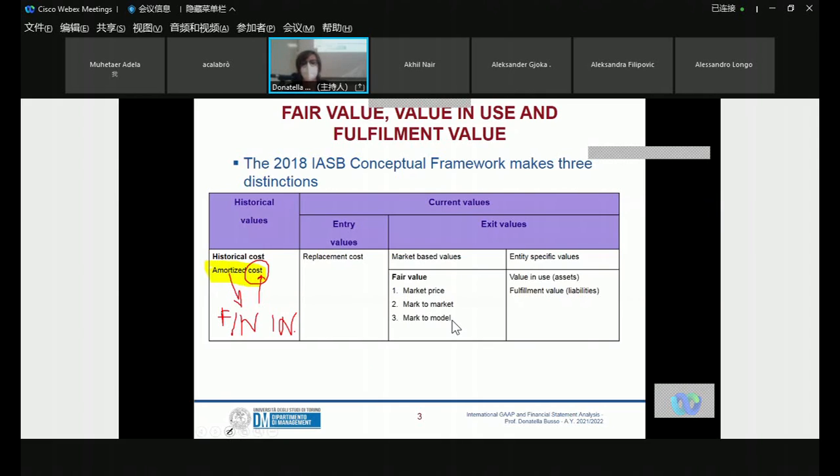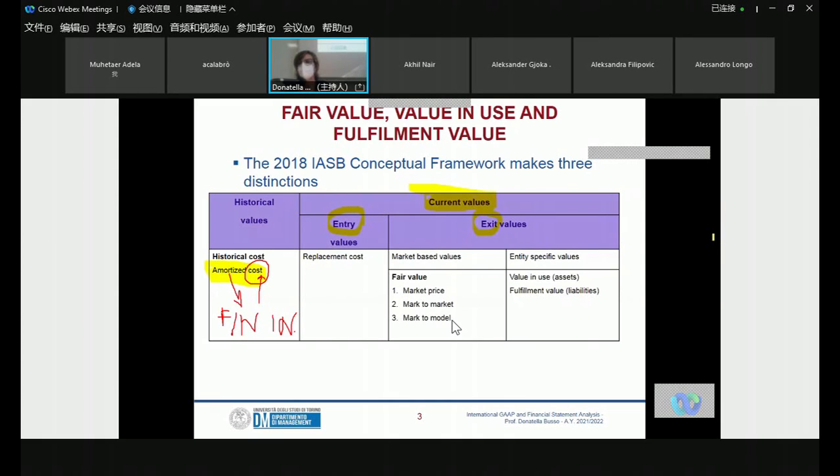It is possible, according to the framework, to use other values based on the current values. So in this case, the historical amount paid in order to acquire the asset is not taken into account. In this case, we focus on the current value of the asset. Current values can be entry value or exit values. What is the difference?